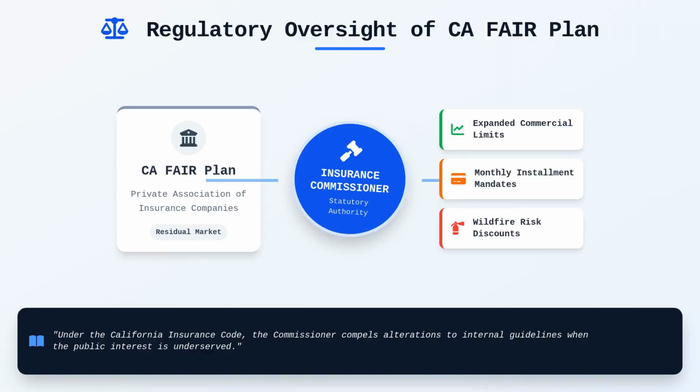Under the California Insurance Code, the Commissioner possesses the leverage to compel the association to alter its internal guidelines when the public interest is underserved. This statutory bridge ensures that the state's safety net mechanism remains accountable to regulatory expectations, even during severe volatility in the voluntary admitted property market.